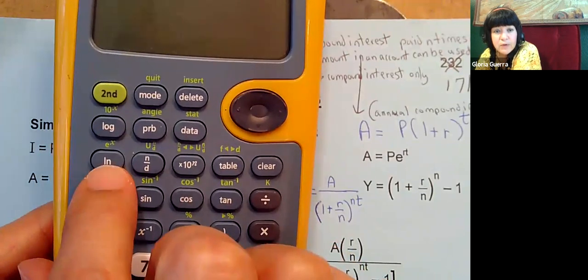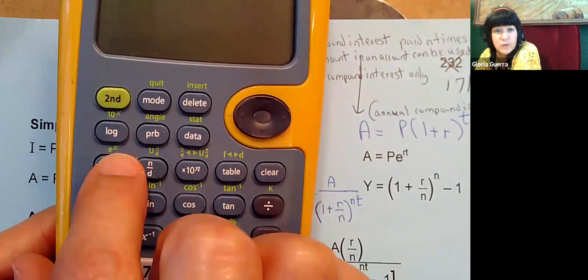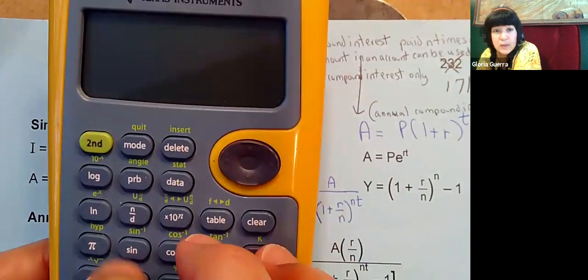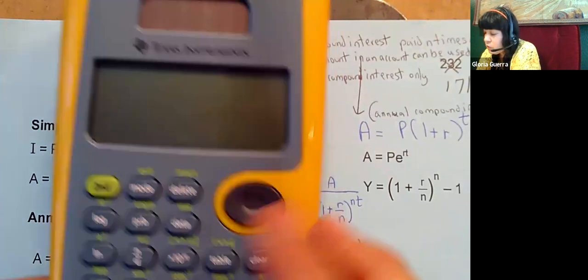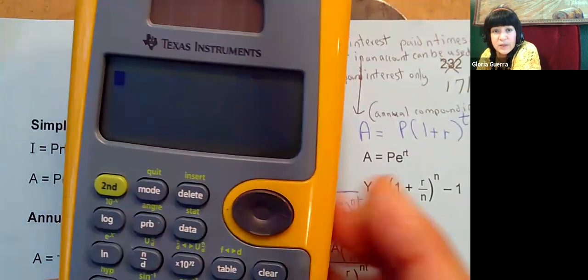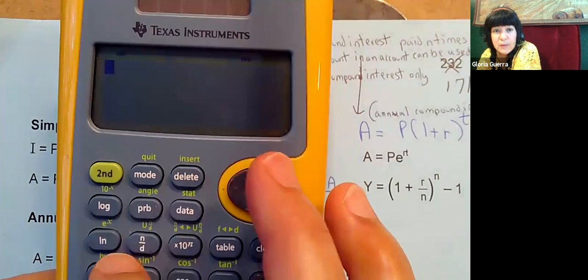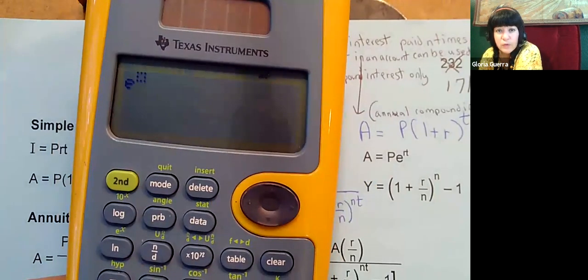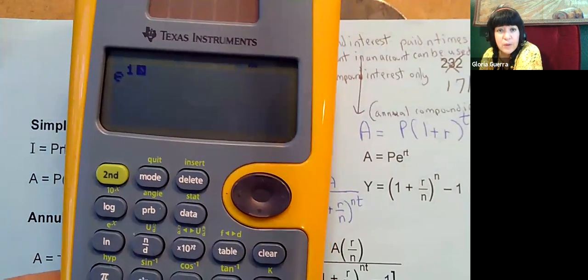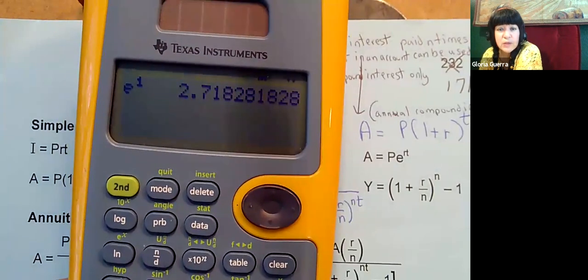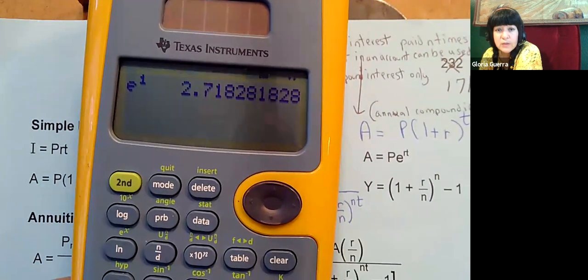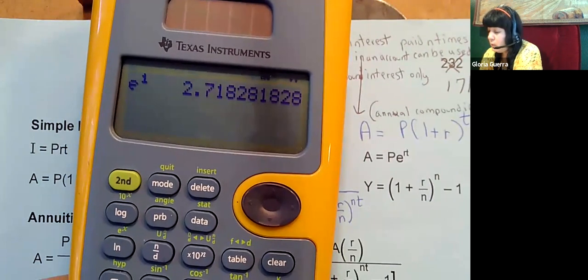You can see right above it, there's the e to the x. Let's say I want the value of e, so I do e to the first power and hit enter. See, there's the value, 2.718281828. That's the value of e.